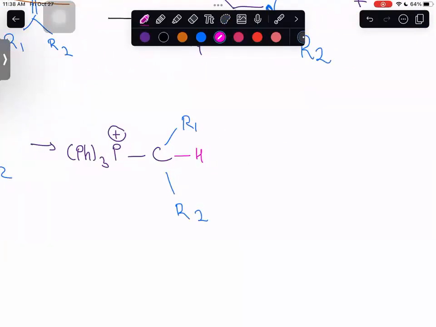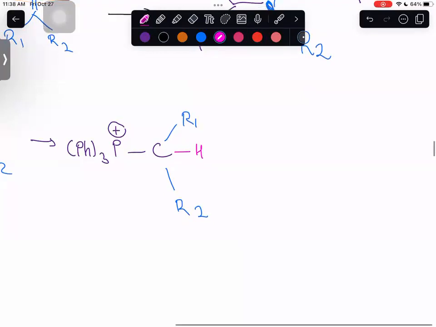Now, for the creation of your ylide, you need some sort of base. It can be any sort of base. Usually the one that he likes to provide is going to be, whoops, that's not correct, basically a benzene group with lithium. Now, this guy is just a base.